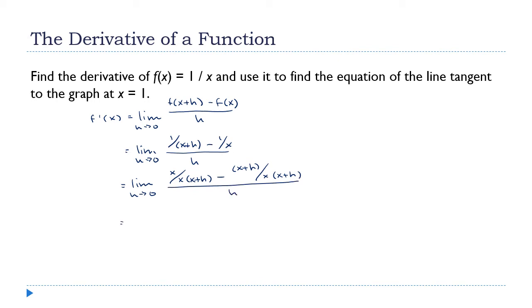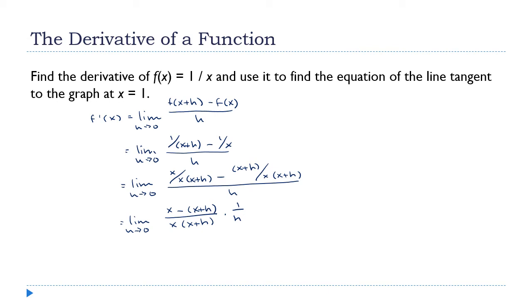All right, now I can combine them together. This is the limit as h approaches 0 of x minus x plus h over x times x plus h, times 1 over h.